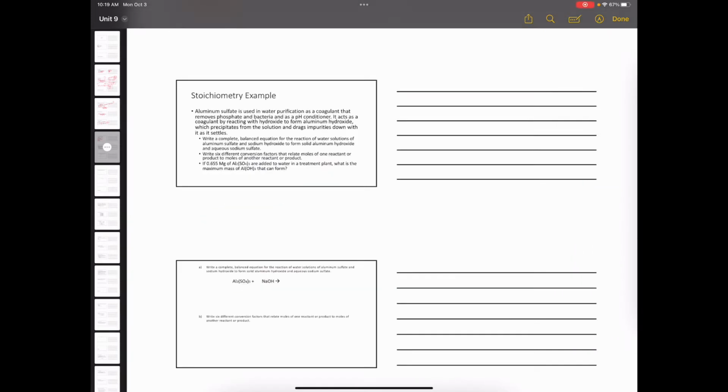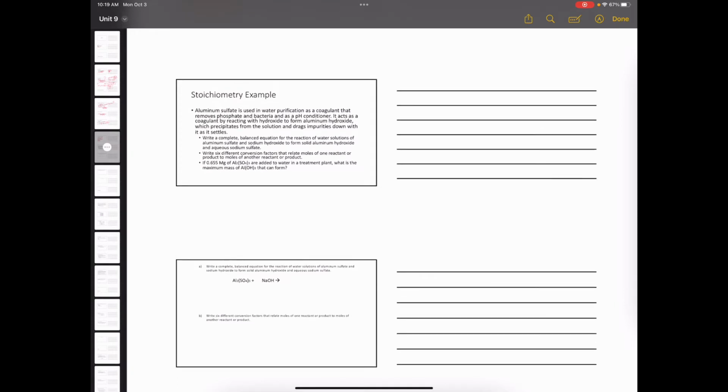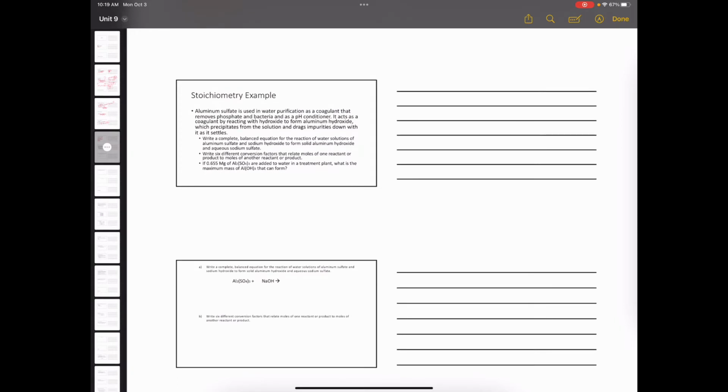So let's do an example with stoichiometry, using the stoichiometric concept to calculate how much we'll yield of one of the products in a chemical reaction. Aluminum sulfate is used in water purification as a coagulant that removes phosphate and bacteria, and as a pH conditioner.